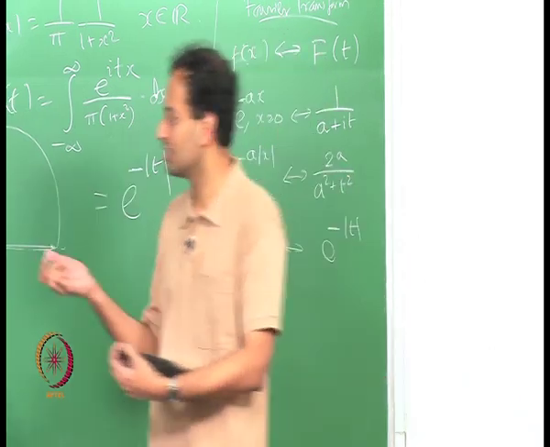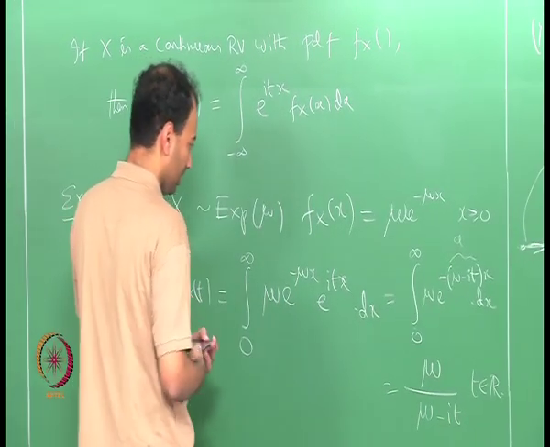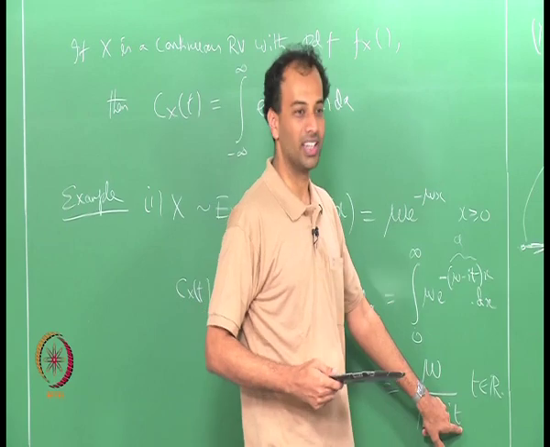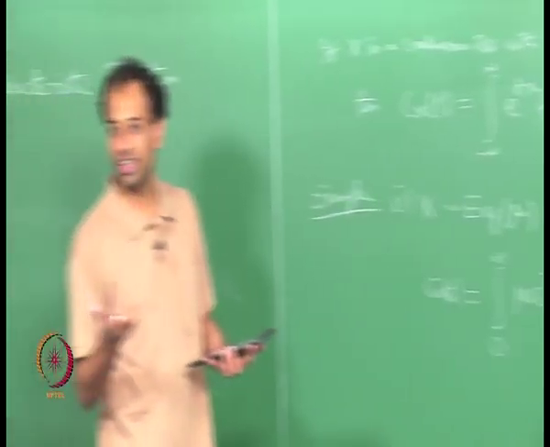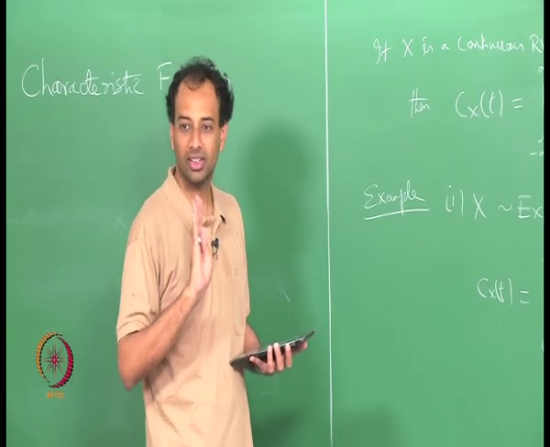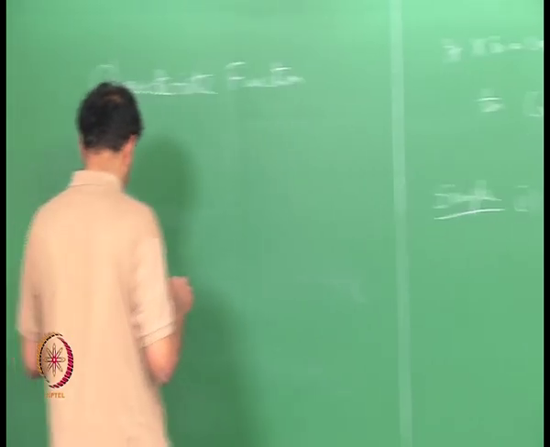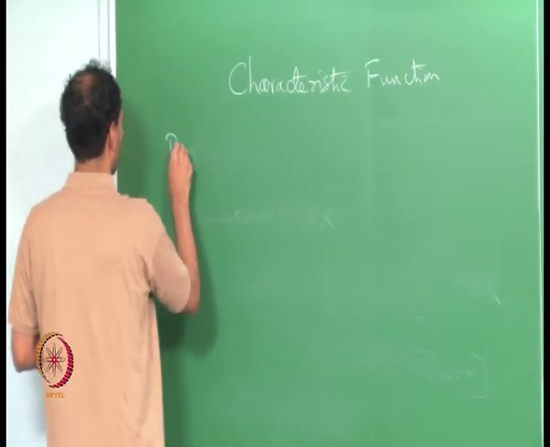So in those cases, say in the case of the Gaussian, you can blindly put s equal to I t to get the characteristic function. Let me state some elementary properties.